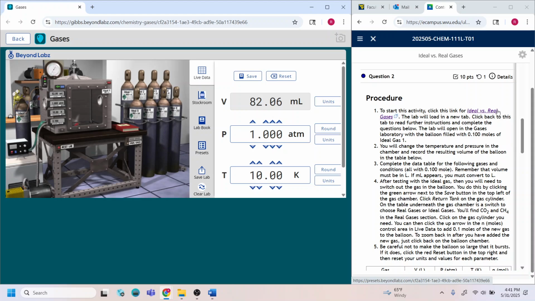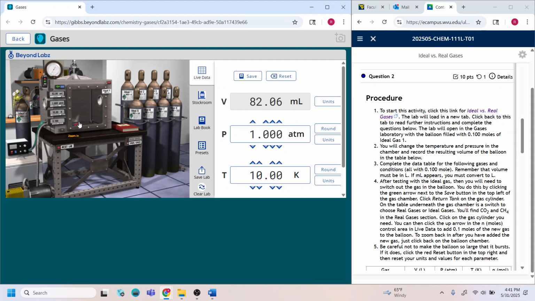So the intermolecular forces do exist between those molecules, so the energy is going to be high between them. You're going to see that real gases deviate from ideal gas behavior, especially at low temperature and high pressure.